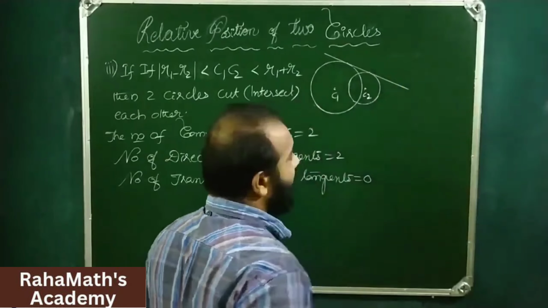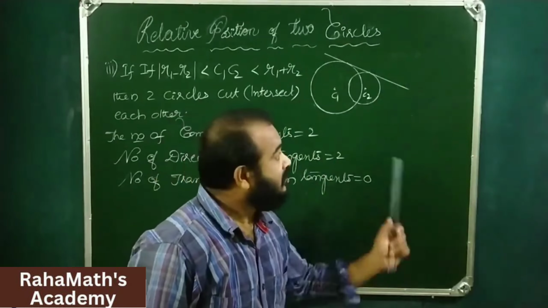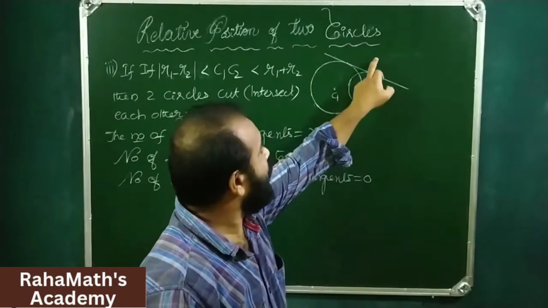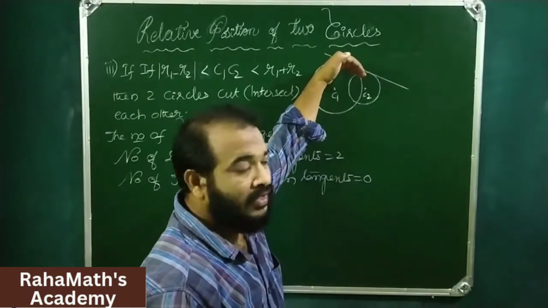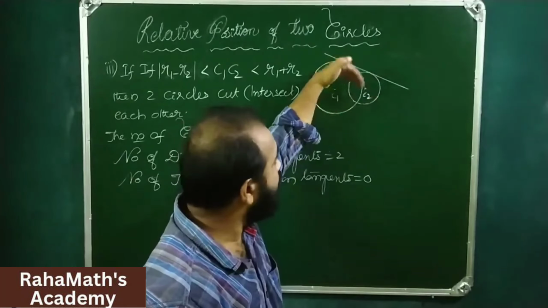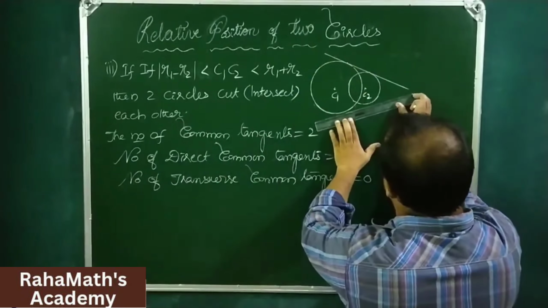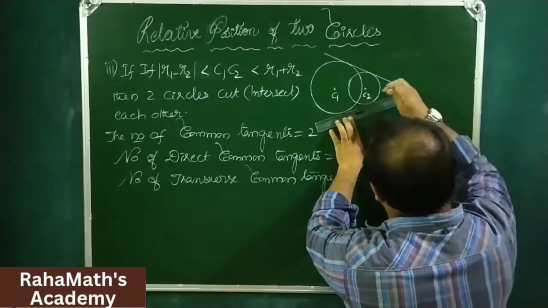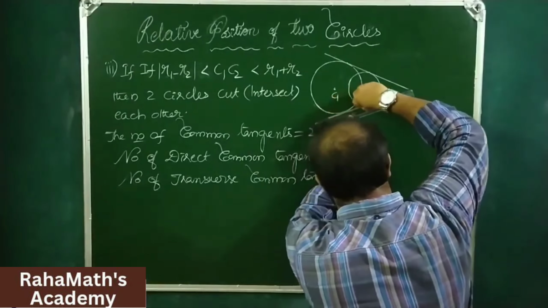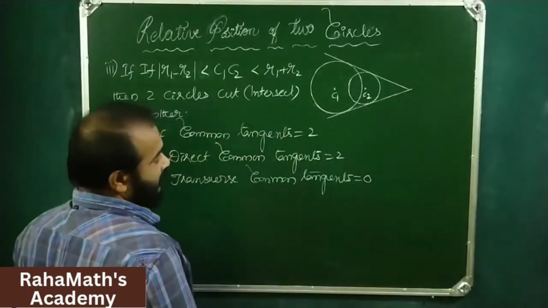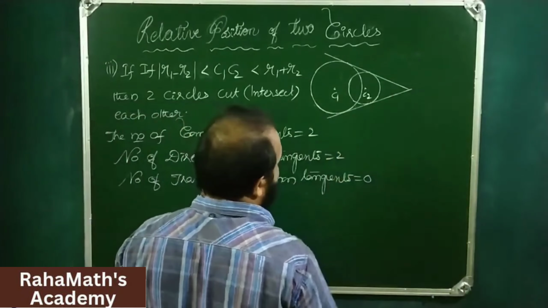Therefore, this is called the common tangent, which is a direct common tangent, because these two circles with respect to this line lie on the same side, the down side of the line. And here this is also another common tangent. So this is a direct common tangent.